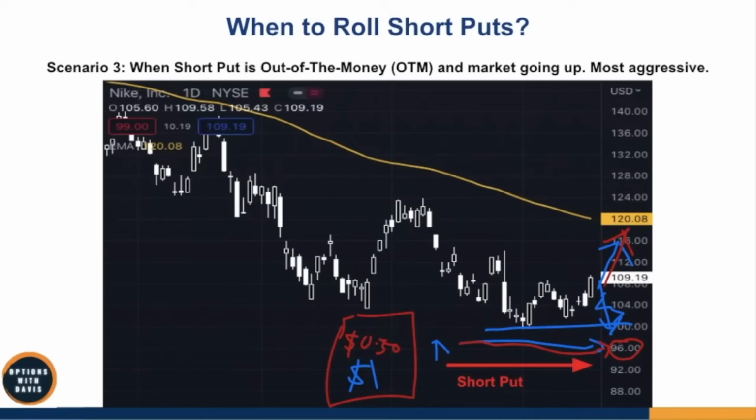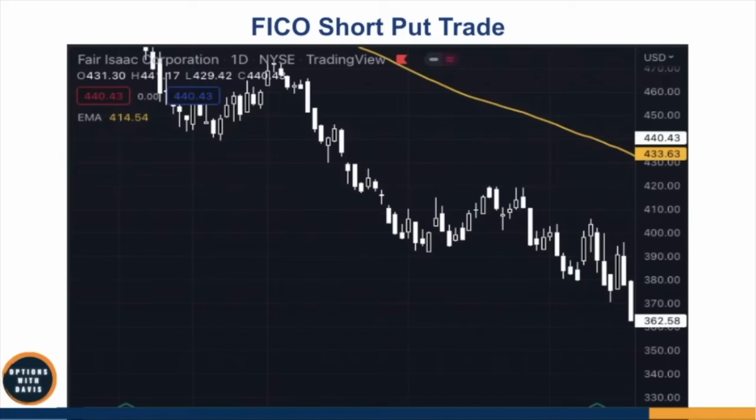In fact, I have actually done this on a trade on FICO, which I want to share with you right now. This is FICO, which is Fair Isaac Corporation. On this date, I saw the market was coming down. It had been oversold for quite a while, and the market had been coming down very strongly.